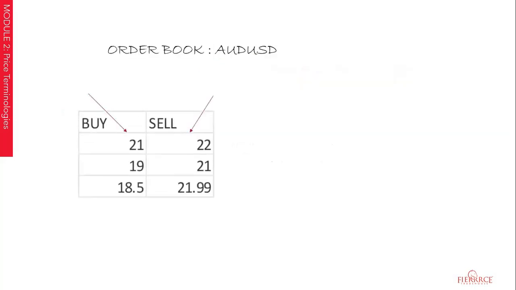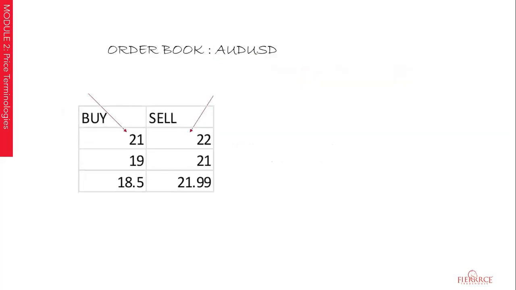Now, this is how an order book looks. We said there's the bid and the ask, buy and sell. We can see the different numbers, 21, 22, 19, 21. Imagine this is the electronic screen where you're seeing the numbers moving, in motion. It basically means that there are people placing orders for AUD/USD at 21.